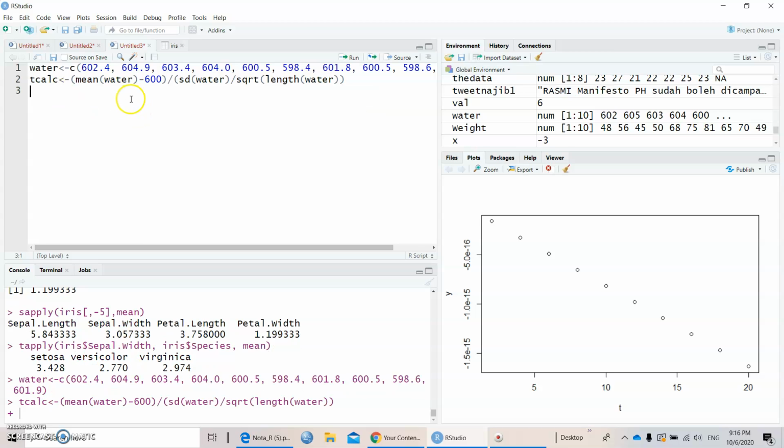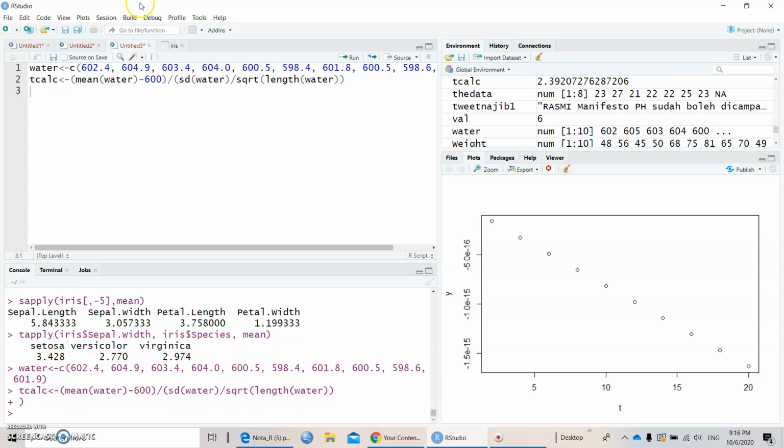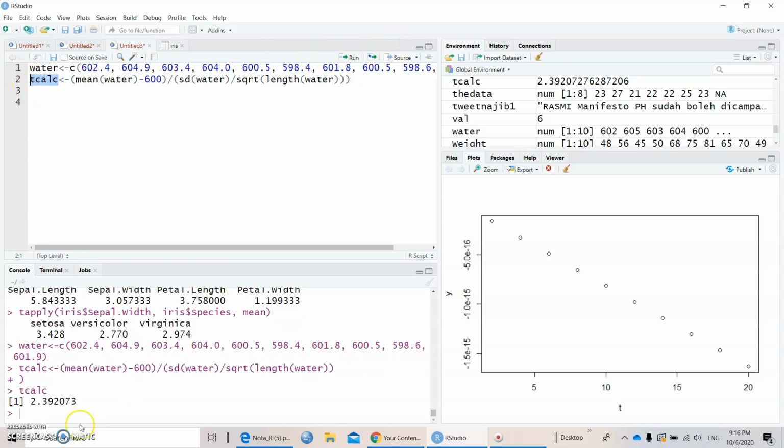Run. Oh sorry, I forgot to put the bracket here. So if I run here, the t calc value is equal to 2.392073.